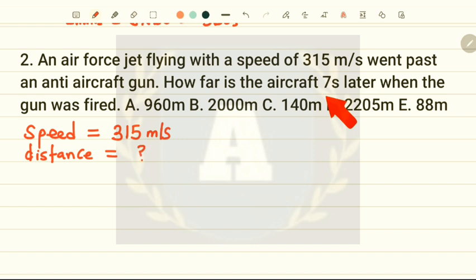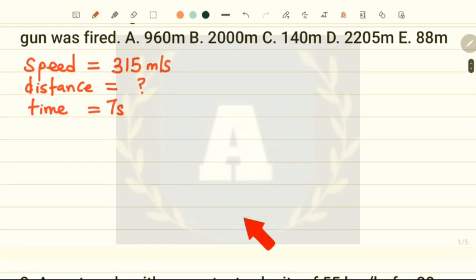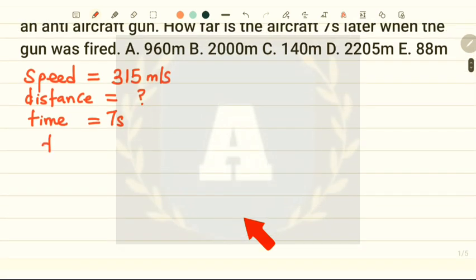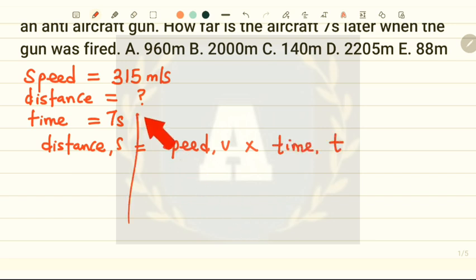Distance is how far an object traveled 7 seconds later. So the time is 7 seconds. How do we calculate distance? Distance with the symbol s is equal to speed with the symbol v multiplied by time with the symbol t, and the speed is 315 multiplied by 7.